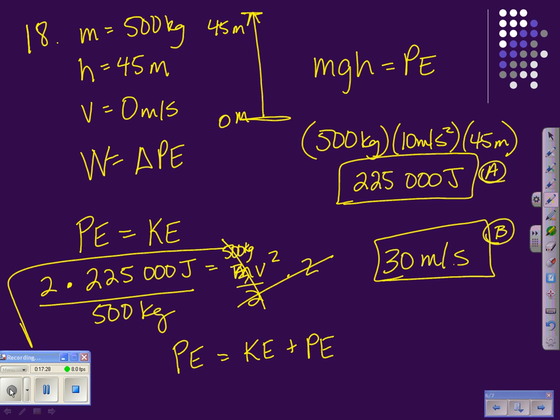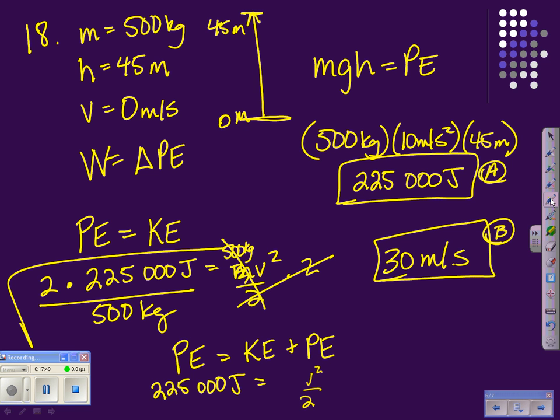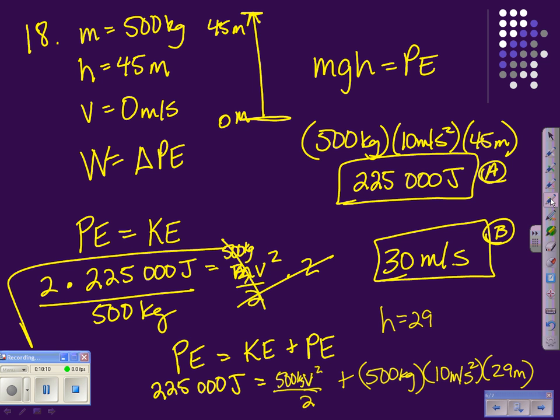So we say 225,000 joules equals mv squared over 2, and we substitute in our 500 kilograms, v squared, plus we have our 500 kilograms times gravity, which is 10 meters per second squared, times our height, which is now, according to the problem, 29 meters.